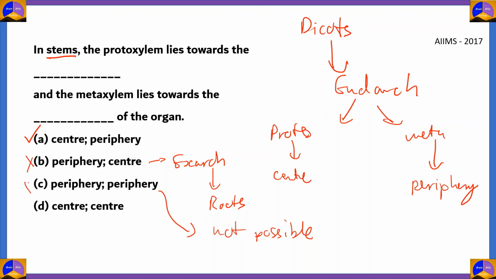So option C is incorrect. What about option D, center, center? This is found in monocots, while the question is based on dicots. Therefore, option D is also incorrect.